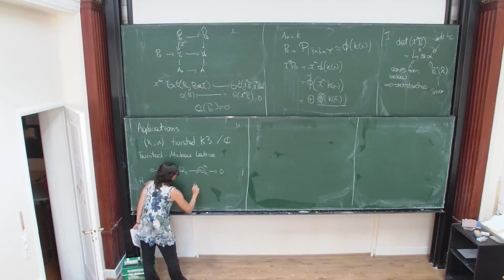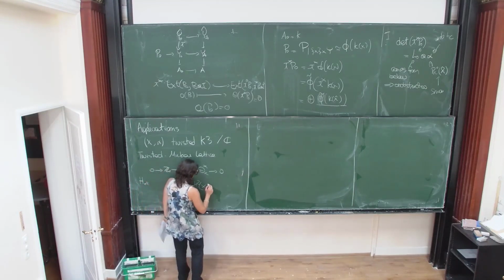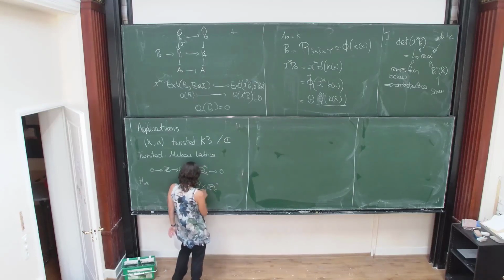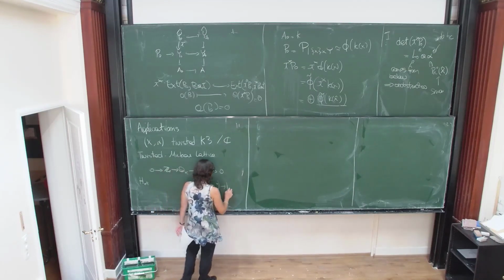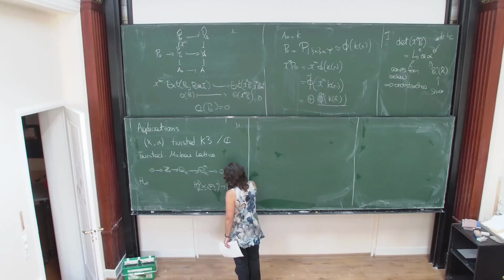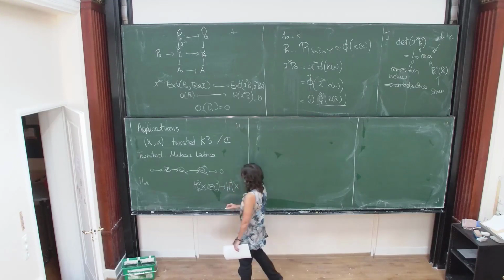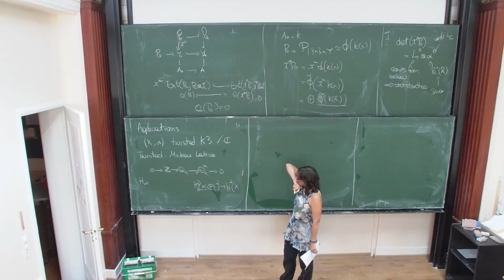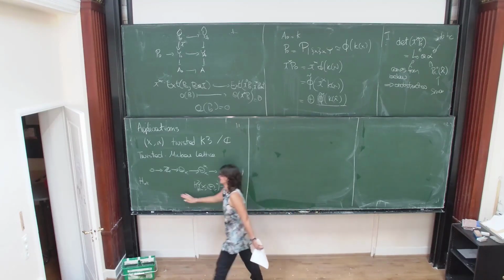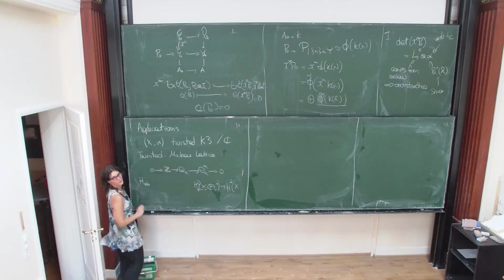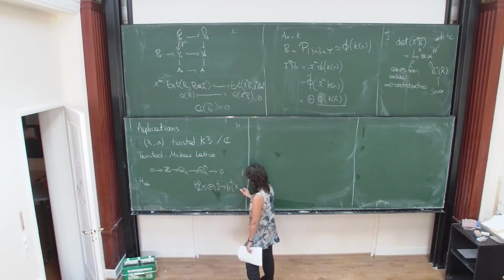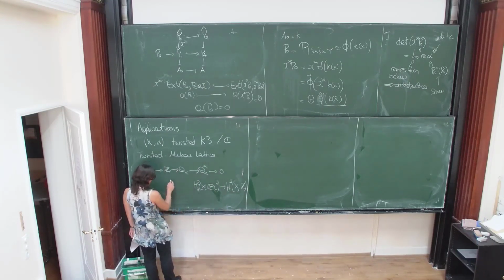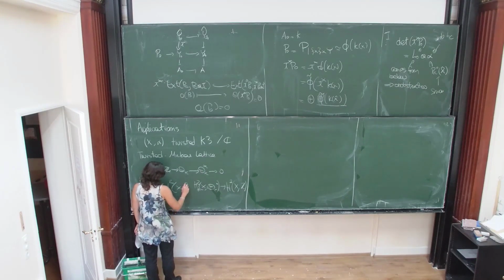So you have H2(X, OX star) going into H3(X, Z), analytic singular cohomology, because I am over the complex numbers, and then H2(X, OX).